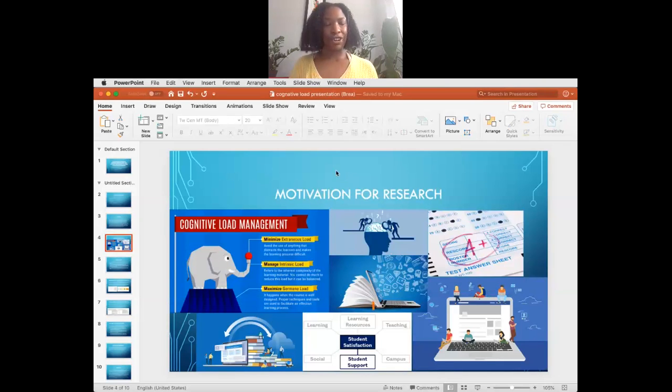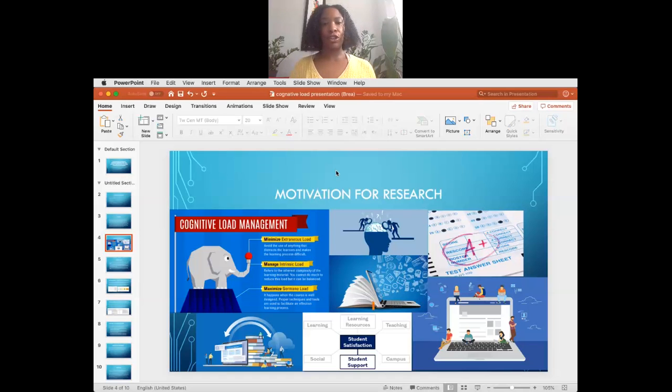Motivation for research. If you look at the slide here, there's a variety of pictures and images. Each of these images represents a concept related to the research. One of the most obvious examples can be found in the top left-hand corner with the elephant. This image is related to cognitive load and cognitive load management.